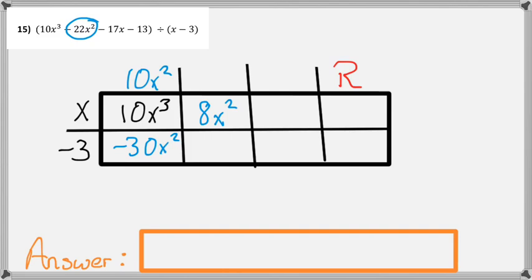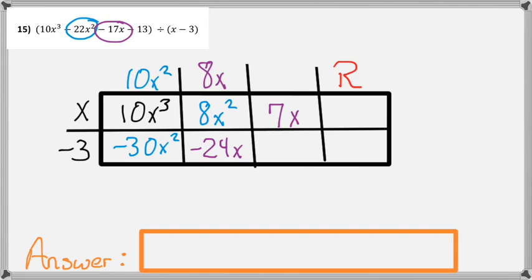I'm going to divide, and when I divide, I get an 8x. 8x times -3 is -24x. -24 plus what is going to give me -17, and that's going to be a 7.